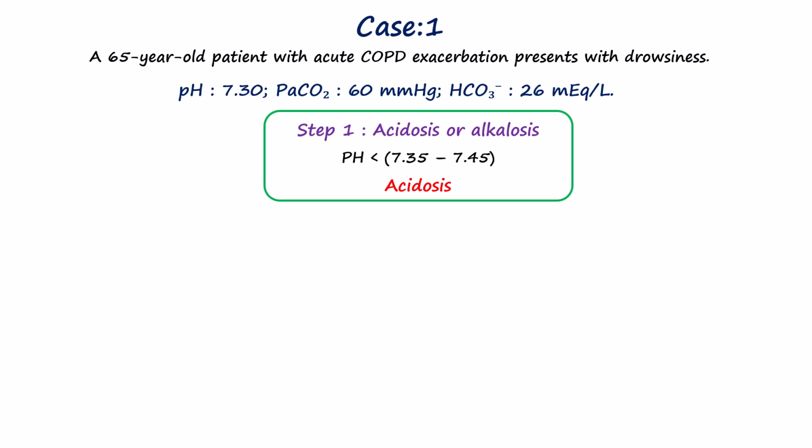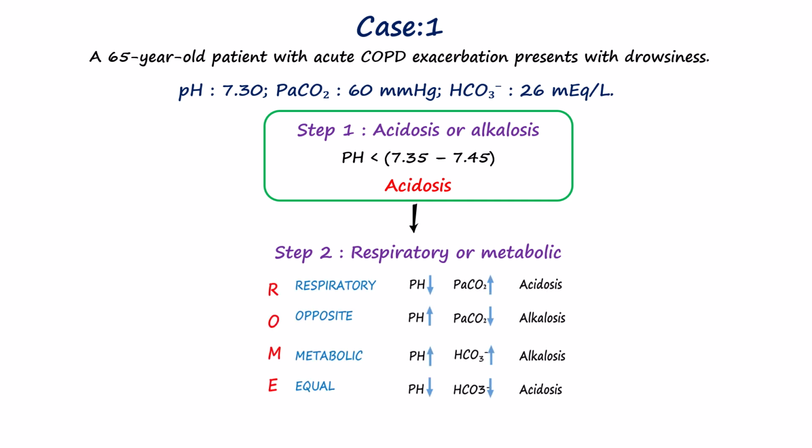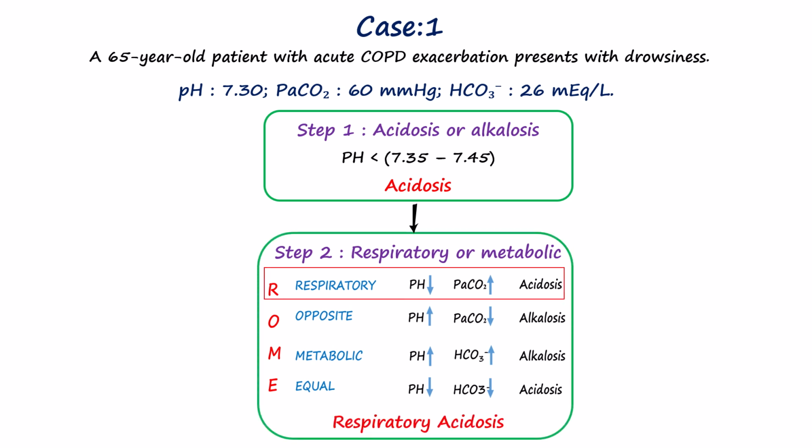Now moving on to step 2, we need to determine whether this acidemia is primarily caused by a respiratory or metabolic problem. Here we examine the PaCO2 level of 60 mmHg, which is significantly higher than the normal range of 35 to 45 mmHg.